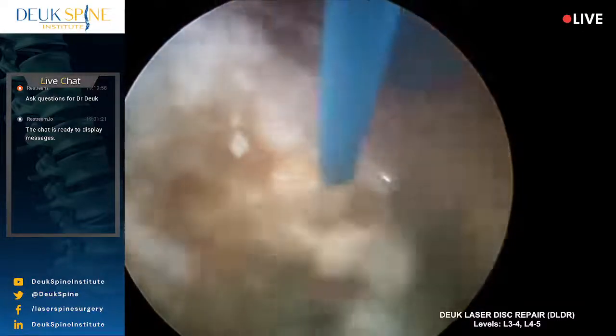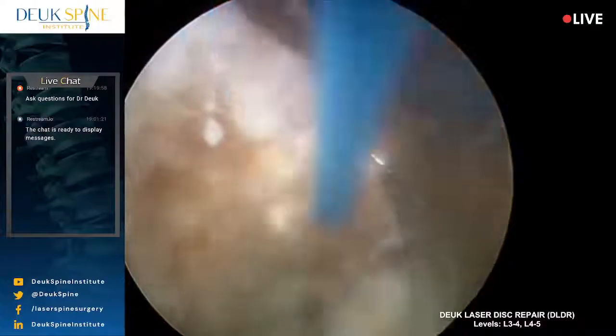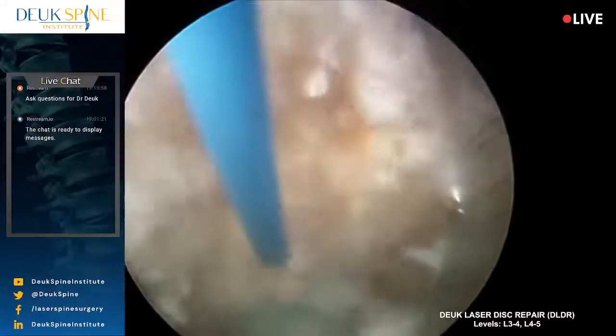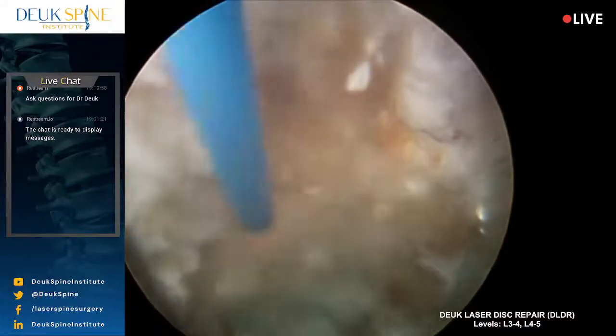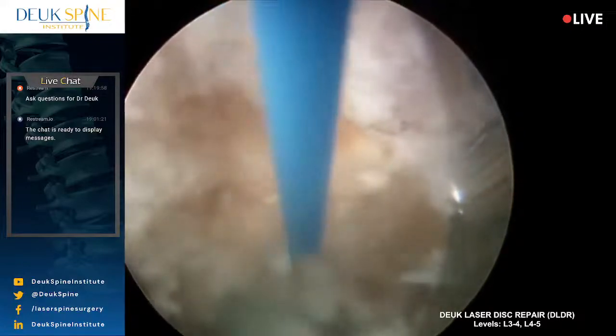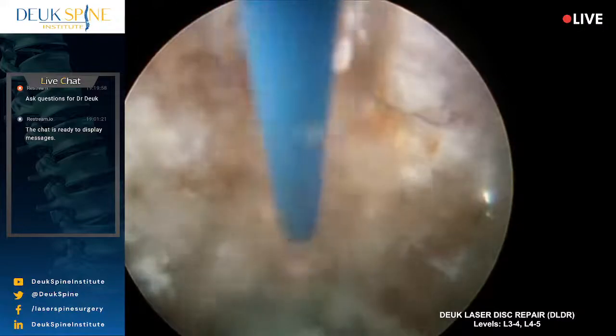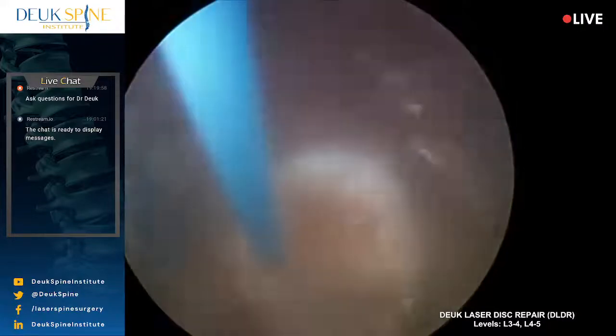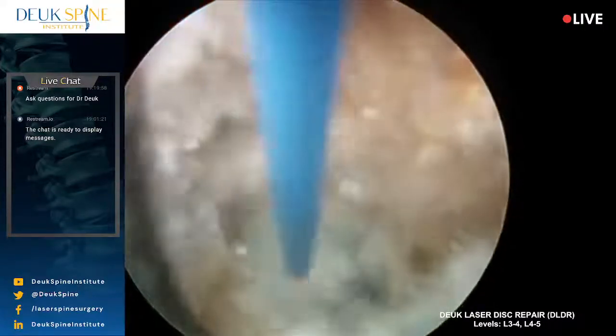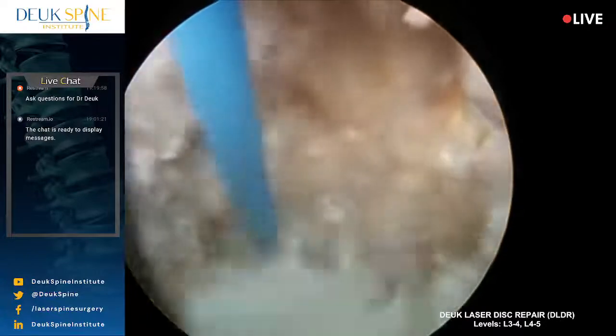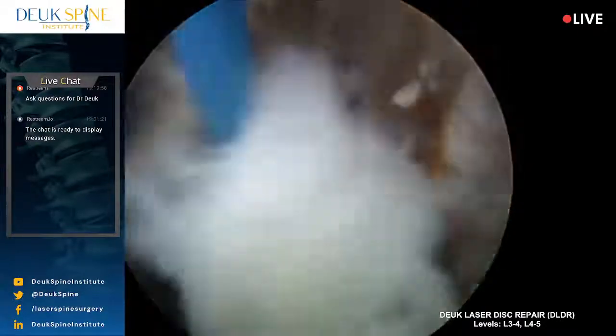So this disc injury is probably 5 or 10 years old. Could be older, but the parts that I'm seeing right now suggest about that age.